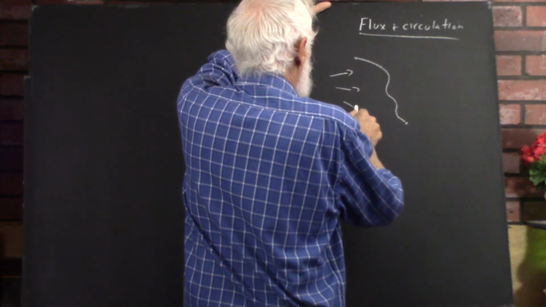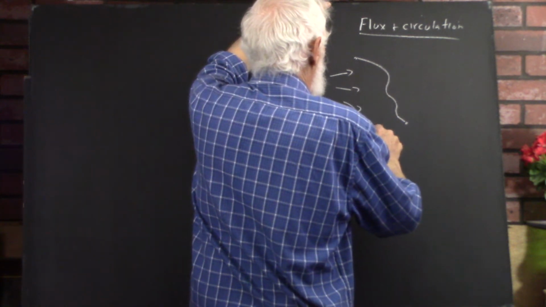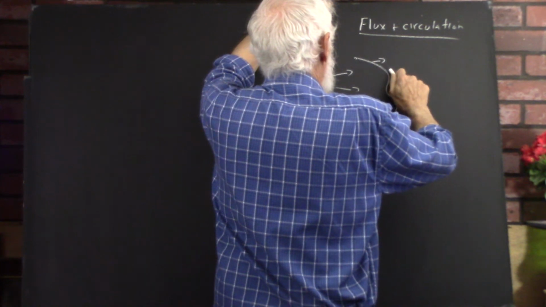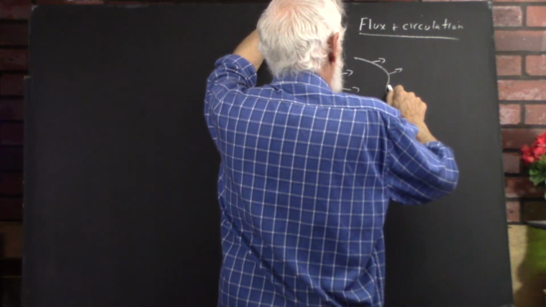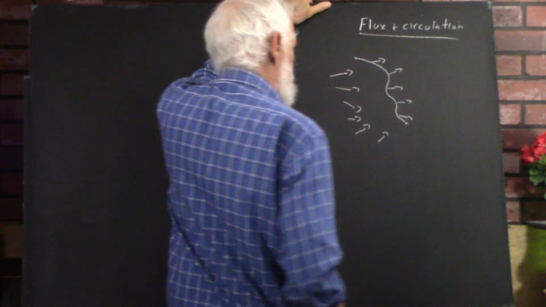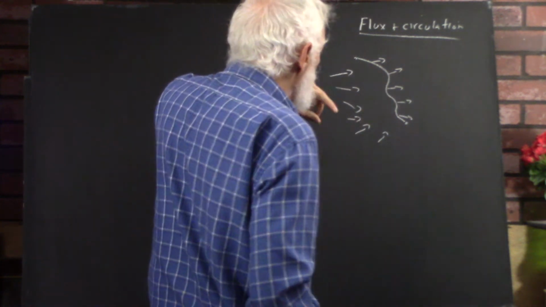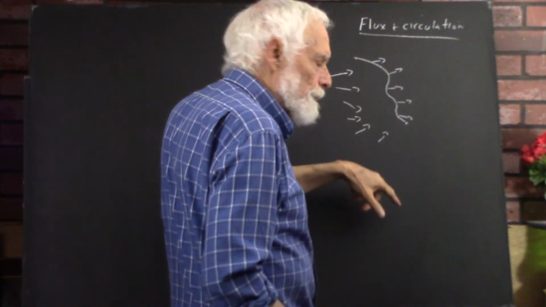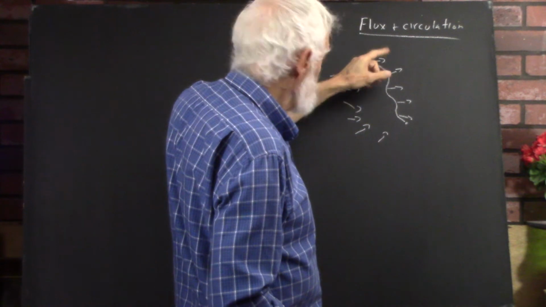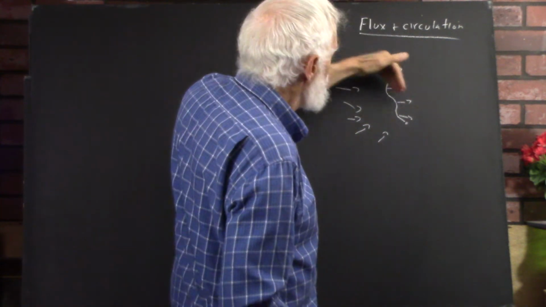Maybe the field looks like this here, and by the time you get here, maybe it's this way, and this way, and so forth. The flux is the integral of the normal component of the field, normal to the curve.